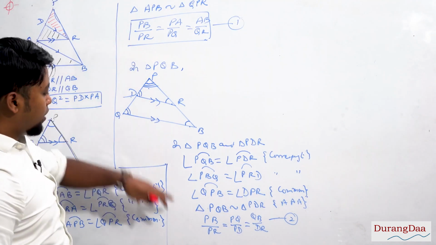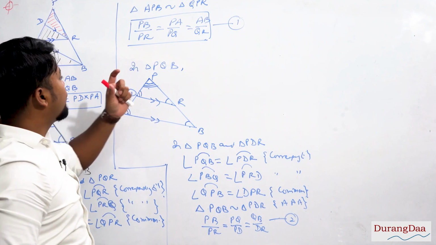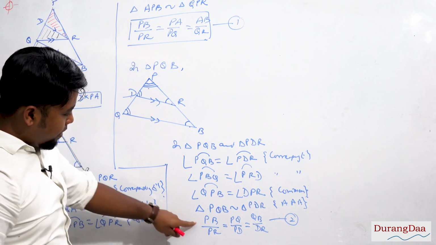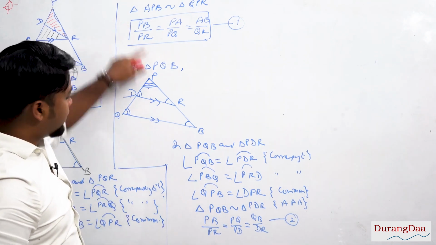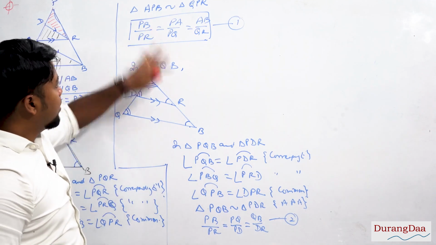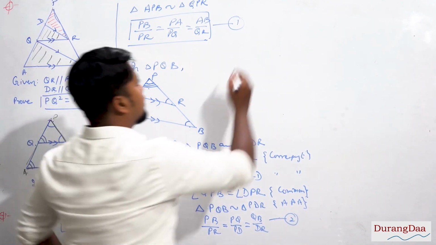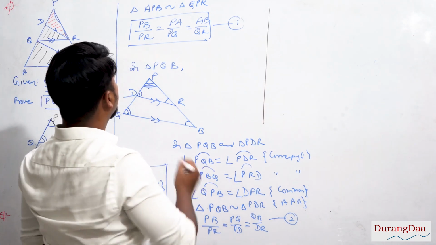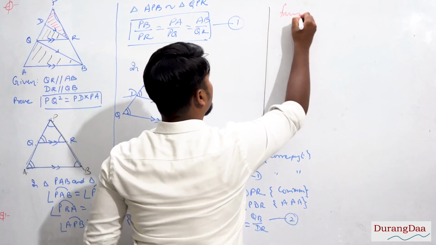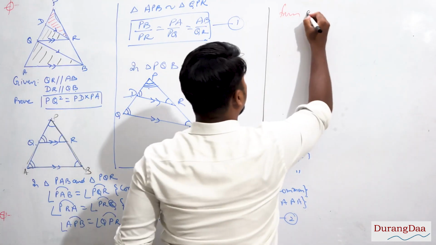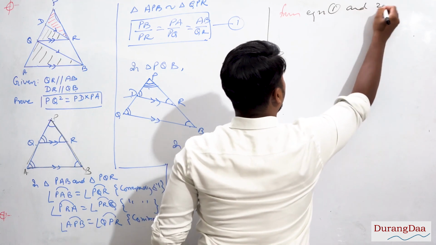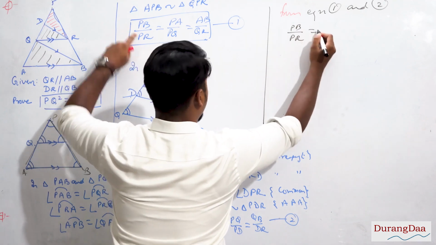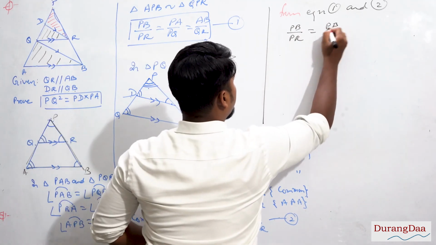Now compare both the equations and search for equal terms. PB by PR, PB by PR, see the first term here is the same here. So now we can just equate both the equations. From equation 1 and 2, PB by PR equals PB by PR.